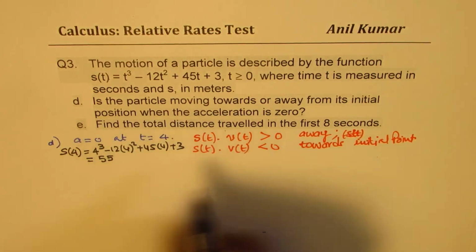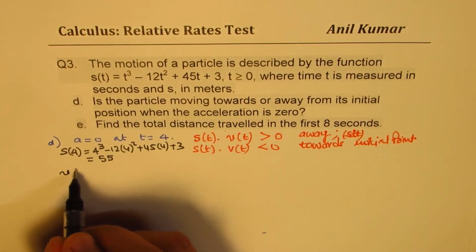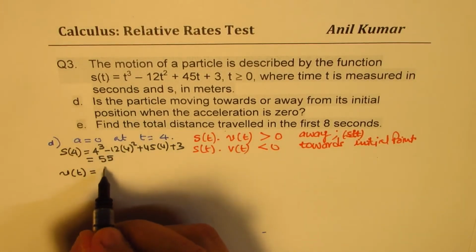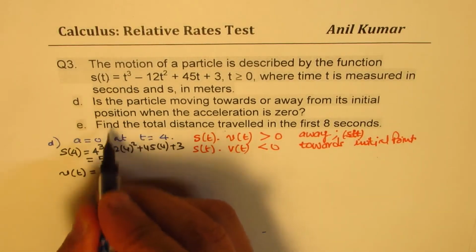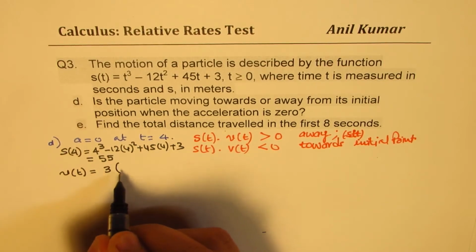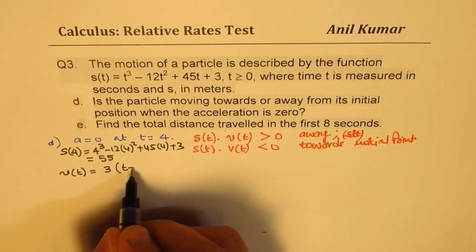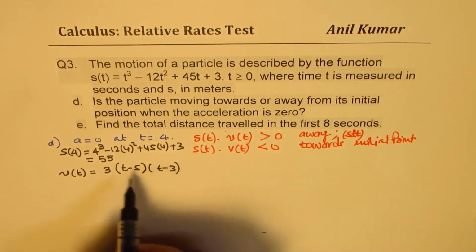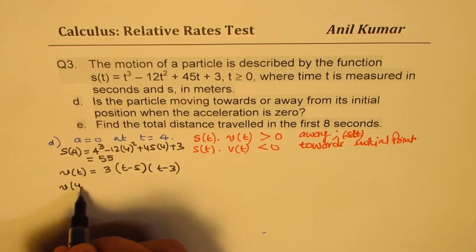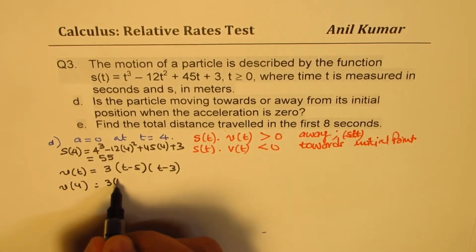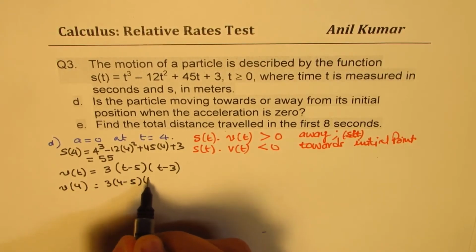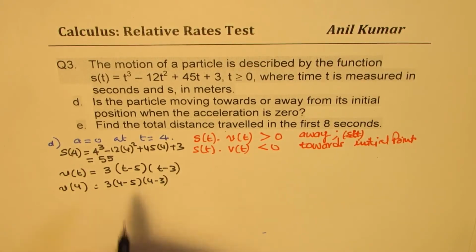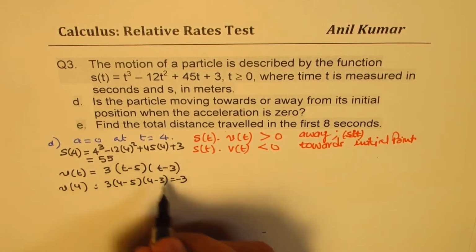Now what was the velocity? Let's calculate velocity at 4. Let me write the expression for velocity first, which is 3 times, in the factored form we wrote, t minus 5 times t minus 3, correct? This is simpler. At 4, I could replace t with 4, and then it's easy to calculate: 4 minus 5 is negative and 4 minus 3 is positive, so we get minus 3, which is negative.